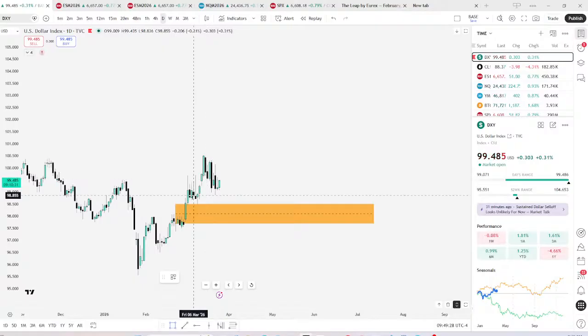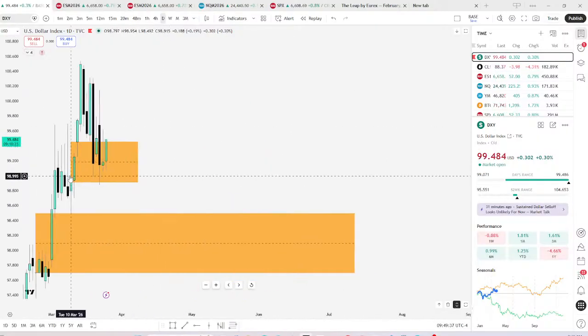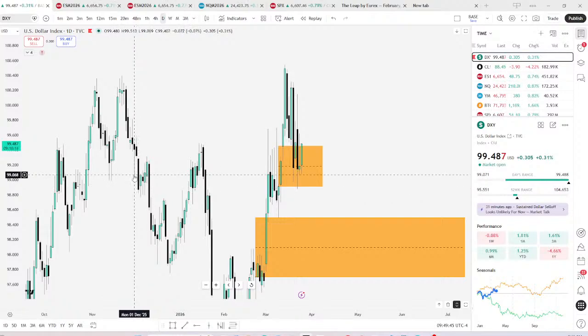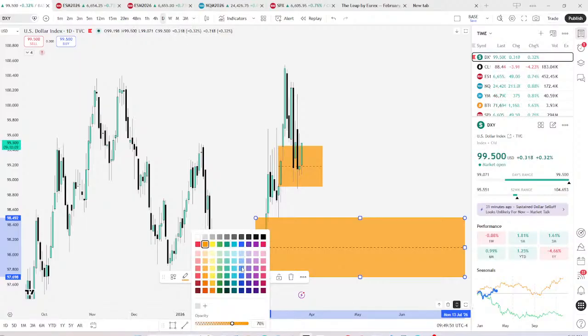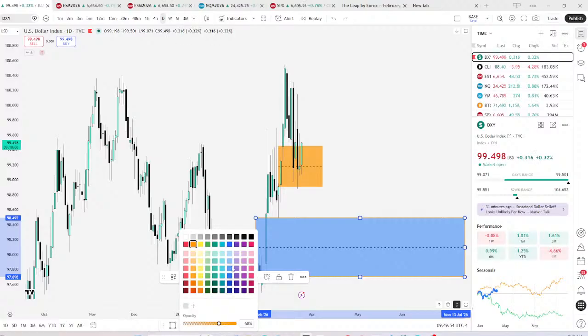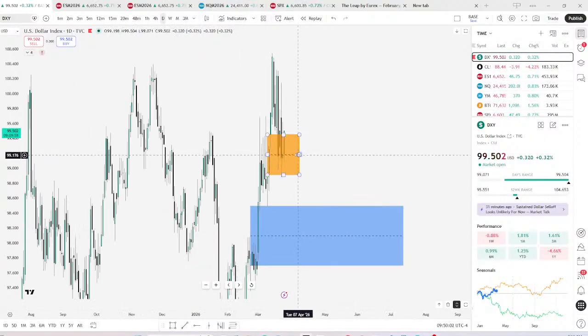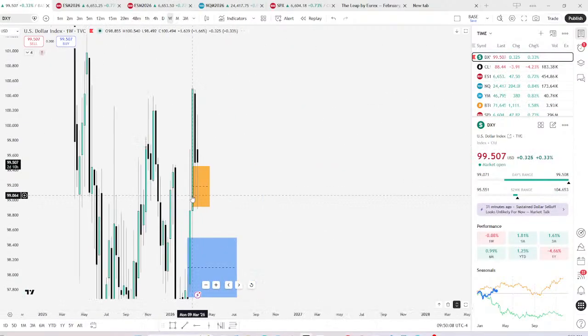We are currently in one large kind of suspension area with this candle having a large volume imbalance above, and also one below. So that's what I'll be looking at, seeing how we move around in this area.